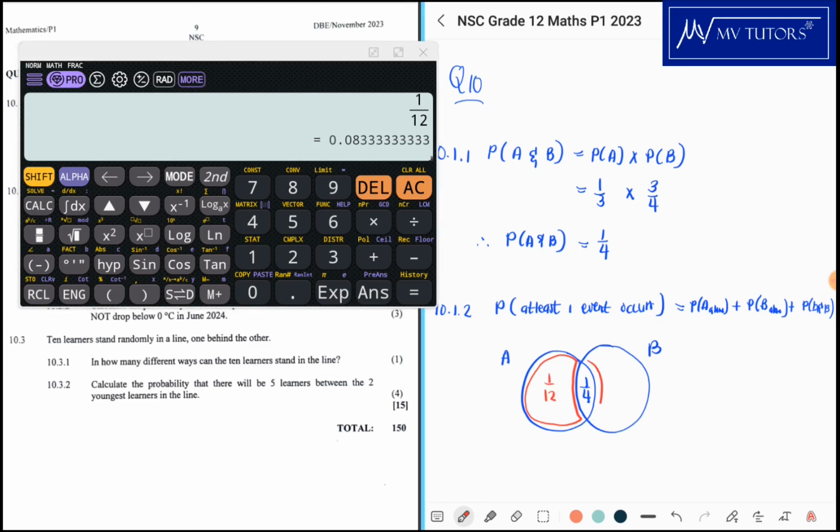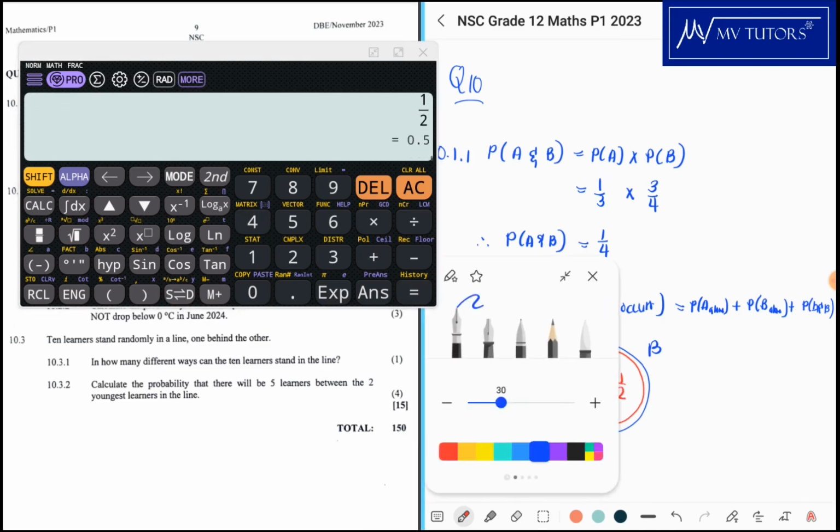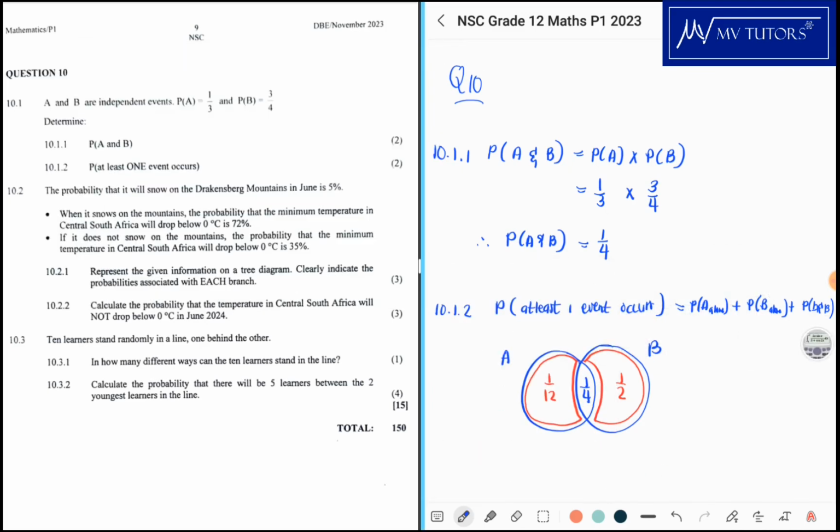And if I wanted B only, same thing. I would say 3 over 4 minus a quarter, which is simply a half. Okay, so then I go back to my formula and I say A alone is 1 over 12, B alone is a half, and then A and B is a quarter.